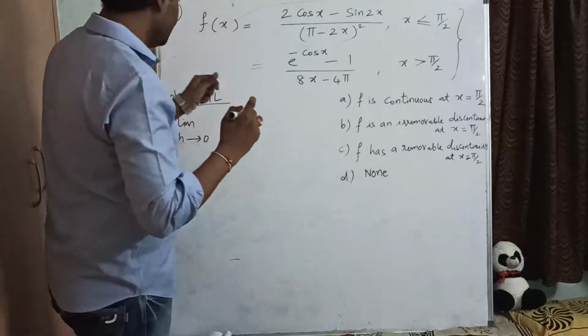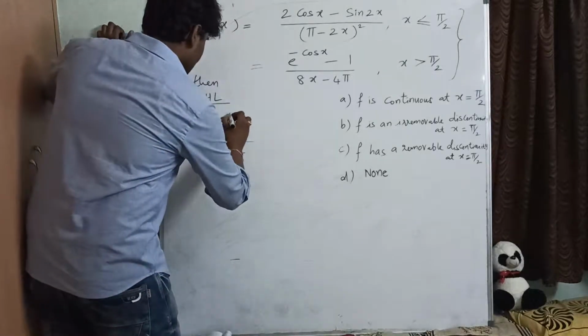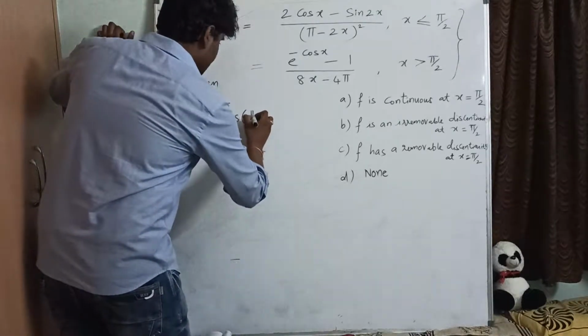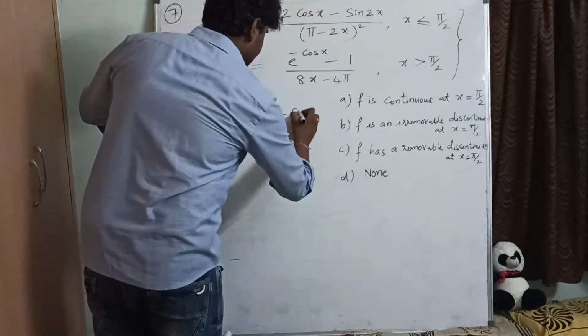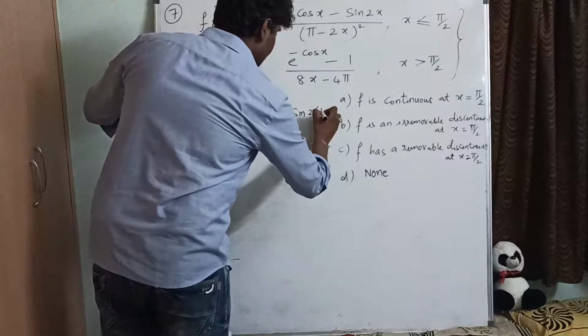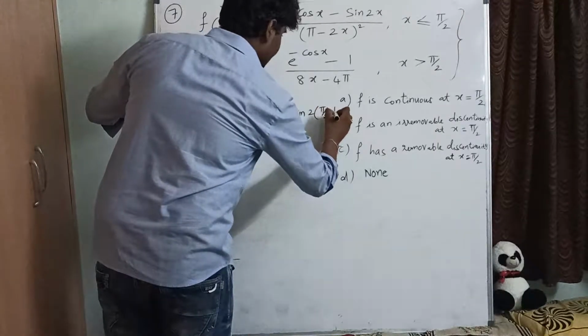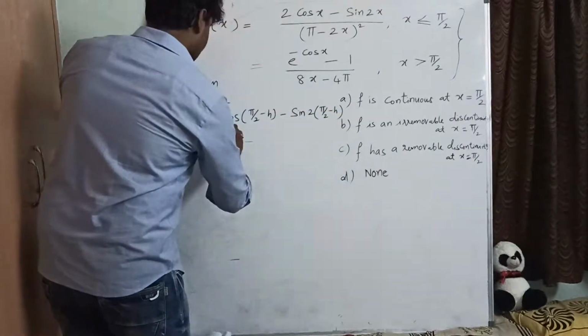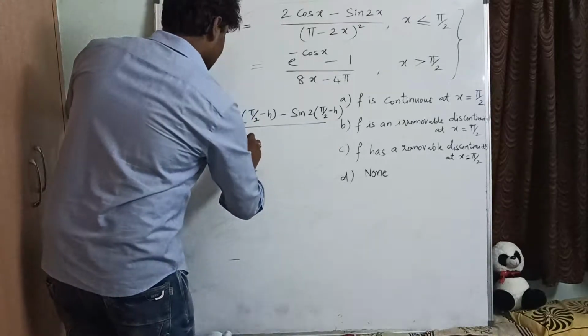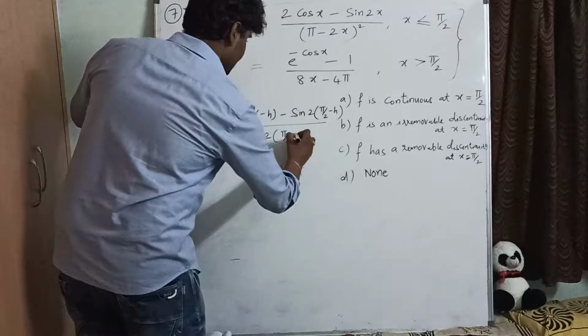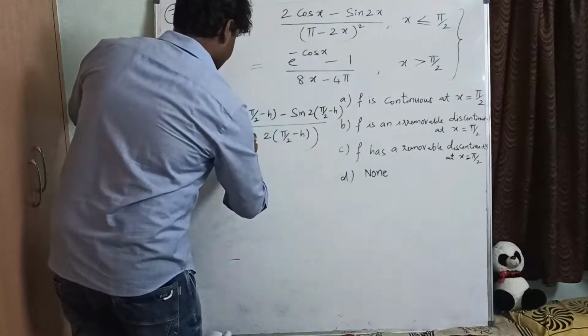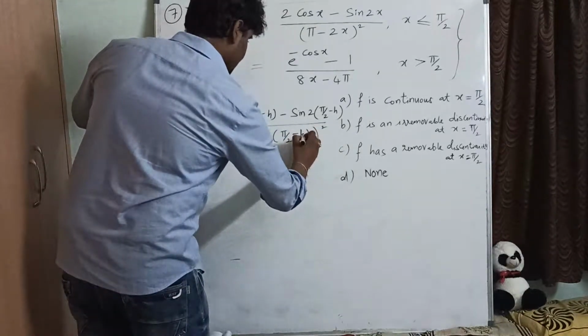Now 2 cos of pi by 2 minus h, minus sin 2 of pi by 2 minus h, and the denominator is pi minus 2 into pi by 2 minus h, whole square.